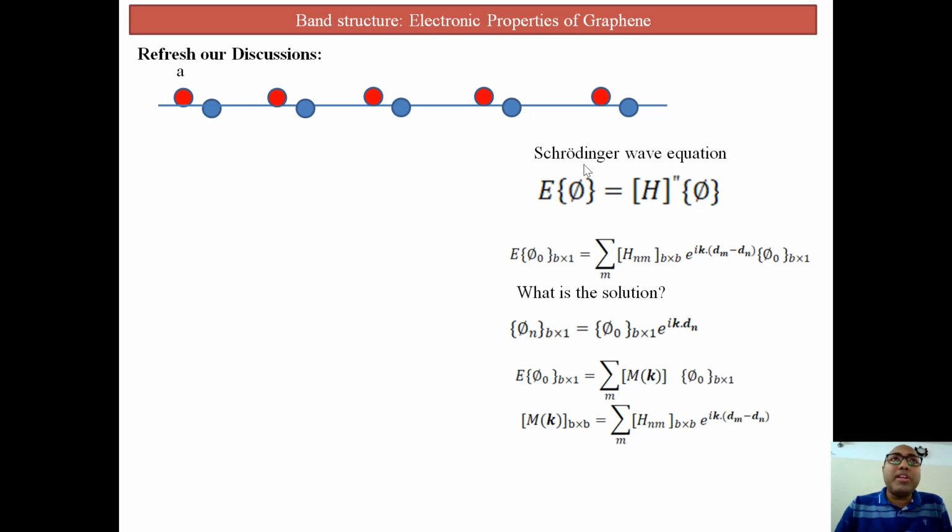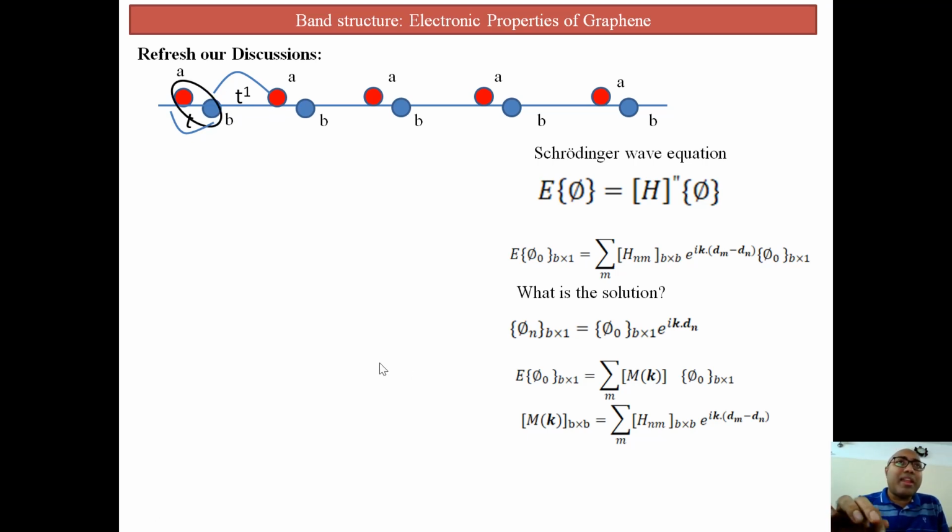So what is the good way to do it? Consider a unit cell. Before you consider the unit cell, we name the two atoms atom A and atom B. The relation between A and B, we have denoted T. Similarly, B to A, we have denoted T bar.